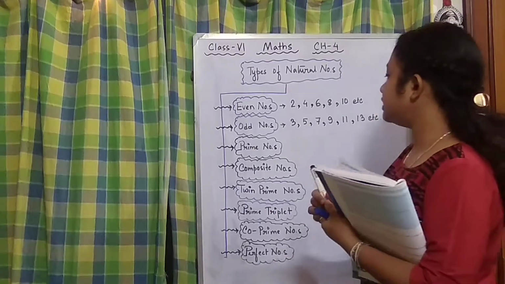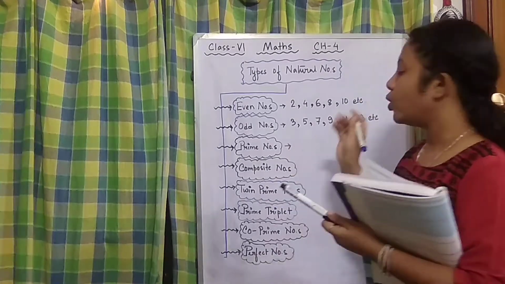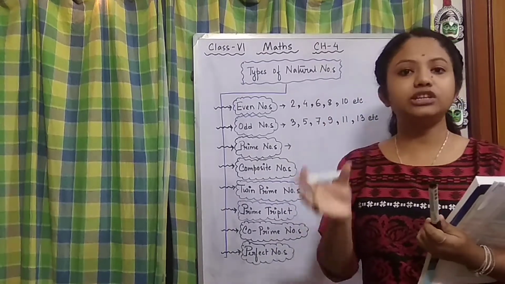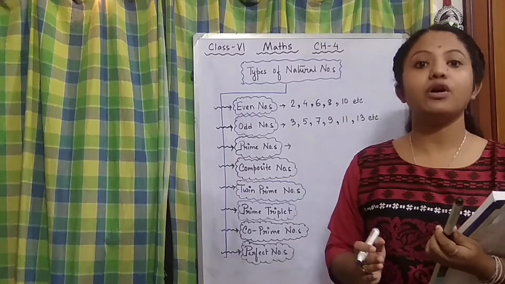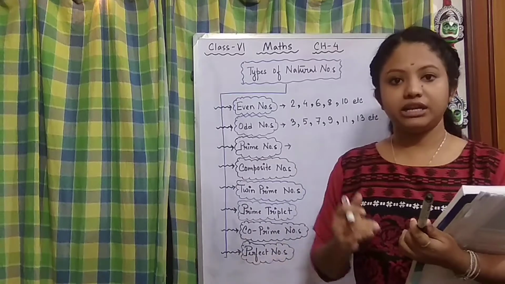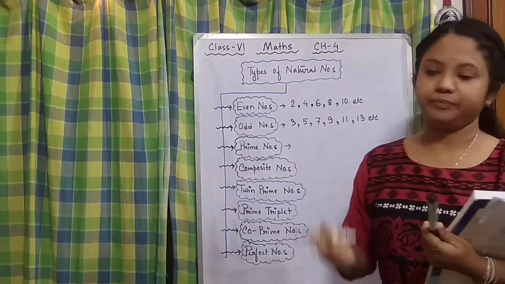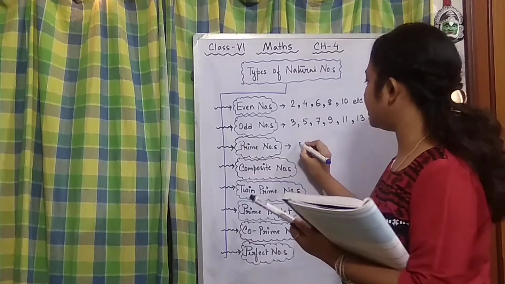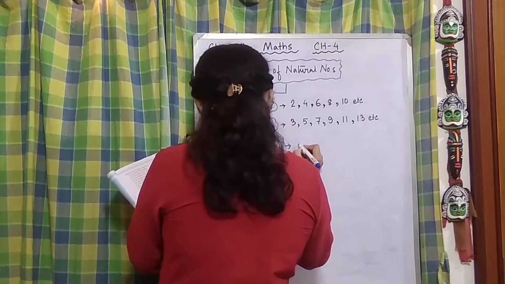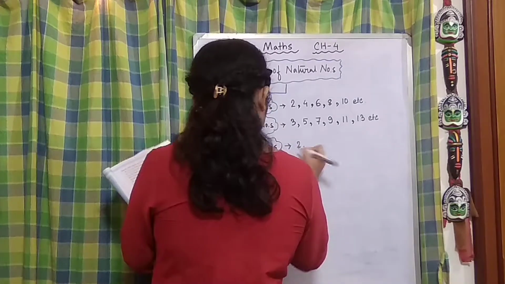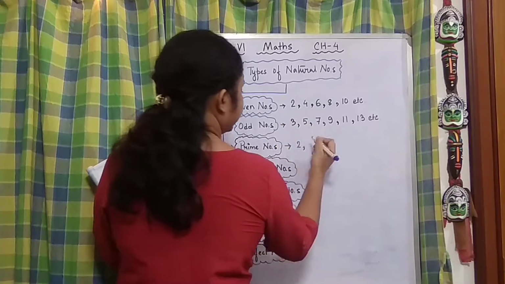How? Prime numbers are those numbers whose only factors are 1 and themselves, or we can say they are divisible by 1 and by themselves only. What kind of numbers can they be? Let's start with 2. This is very interesting: it is an even number which is a prime number itself.